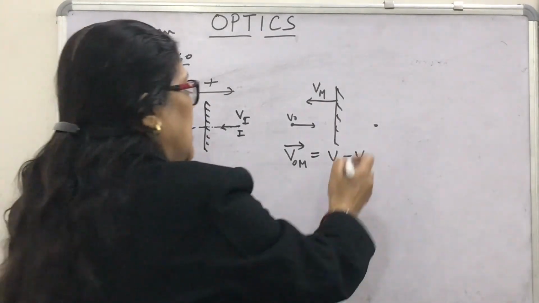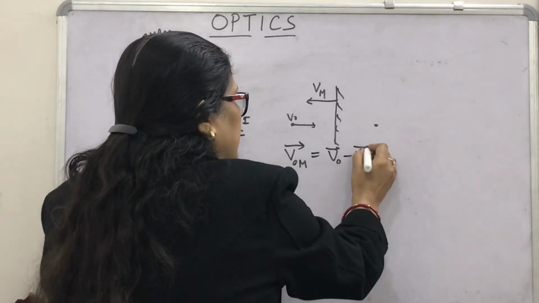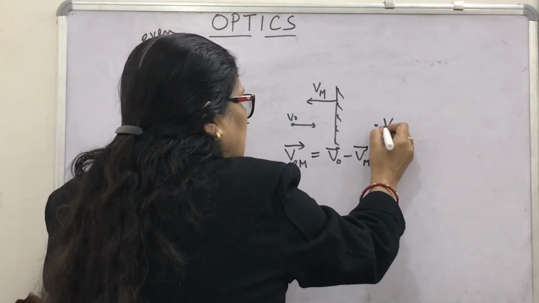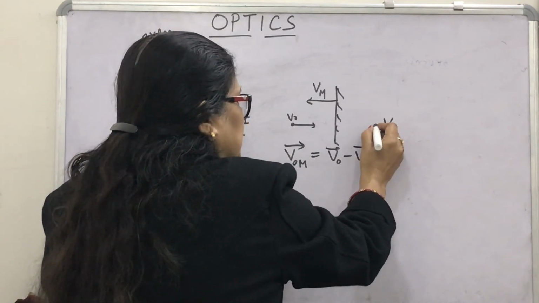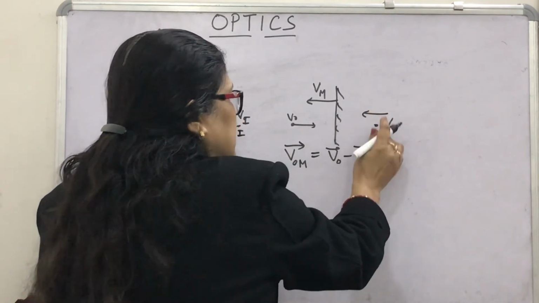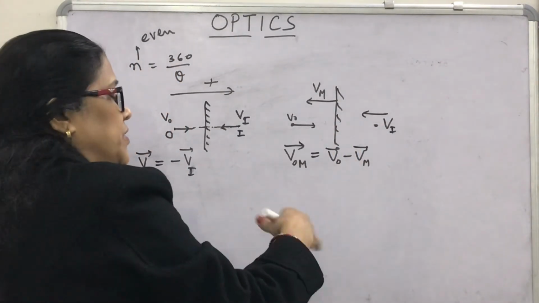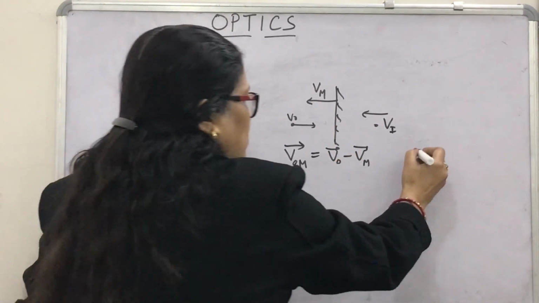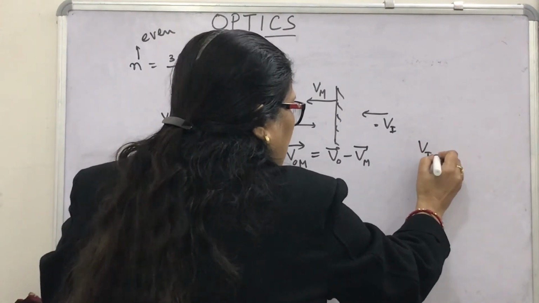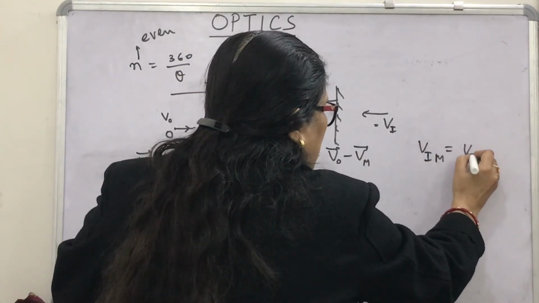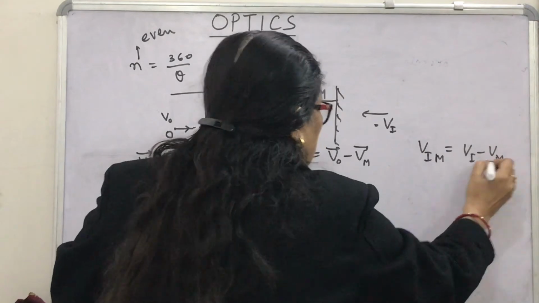Okay. Now, if this is the position of the image with velocity of image Vi, how to find it? Look, what will be the VIM? You will write here, this will be Vi minus VM.